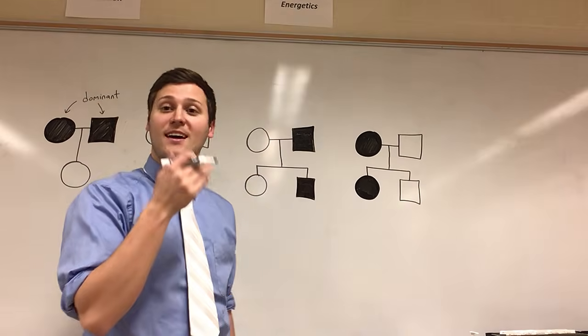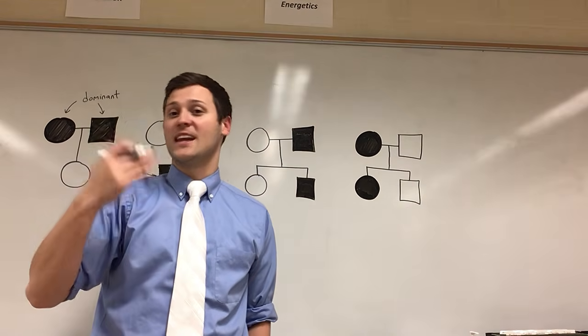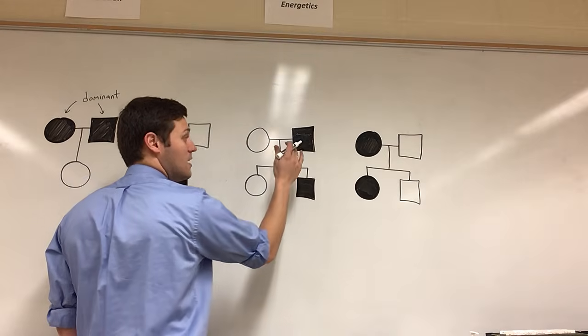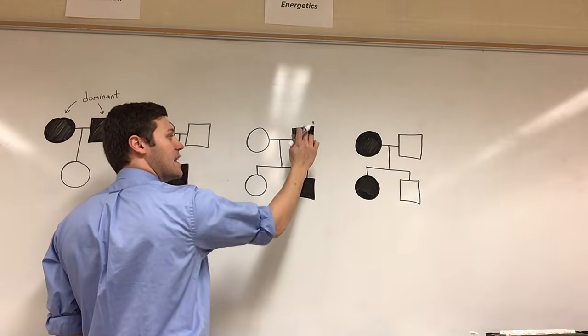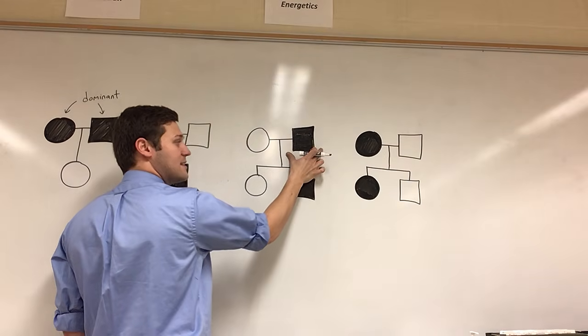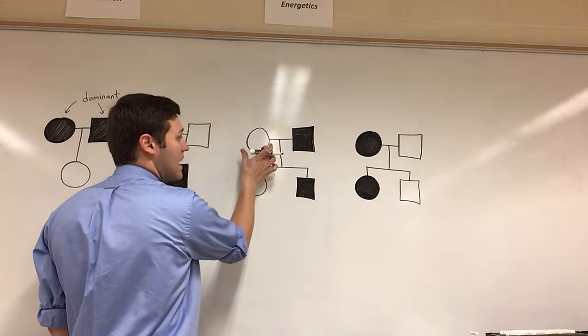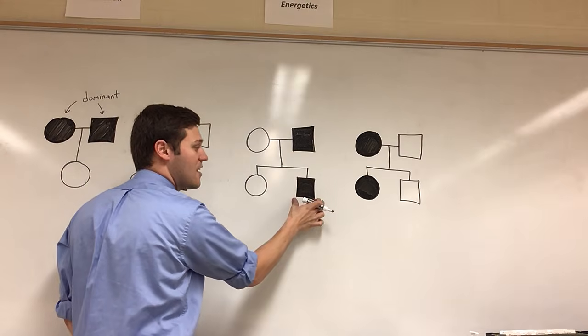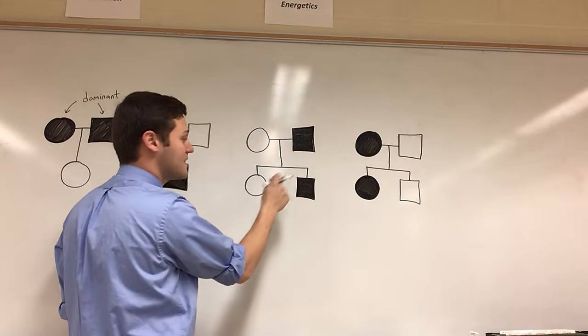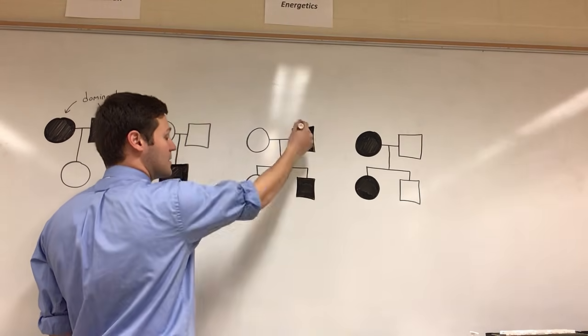So trying to eliminate X-linked is the name of the game. So let's look at this. Here we have a father who's affected and a daughter who is unaffected. And here we have a mother who's unaffected and a son who is affected. So we have opposites here.